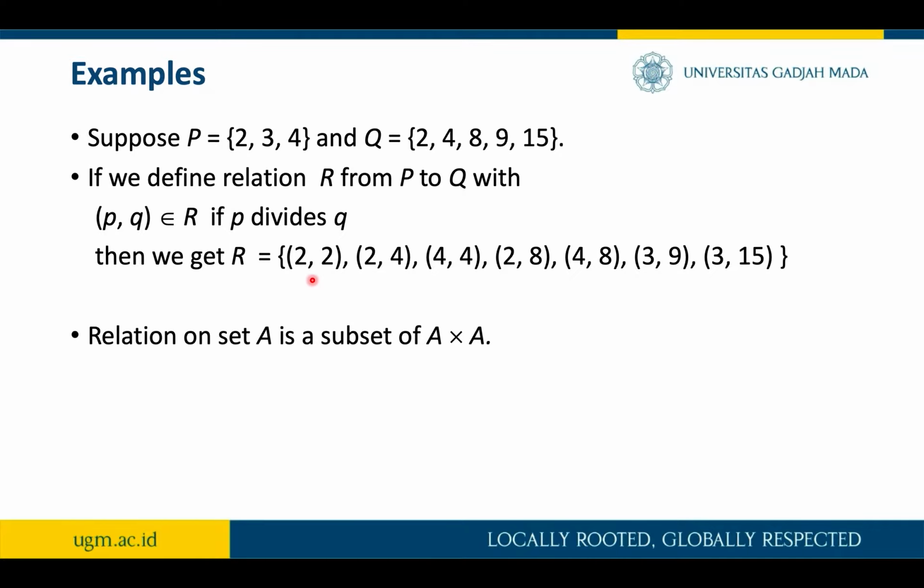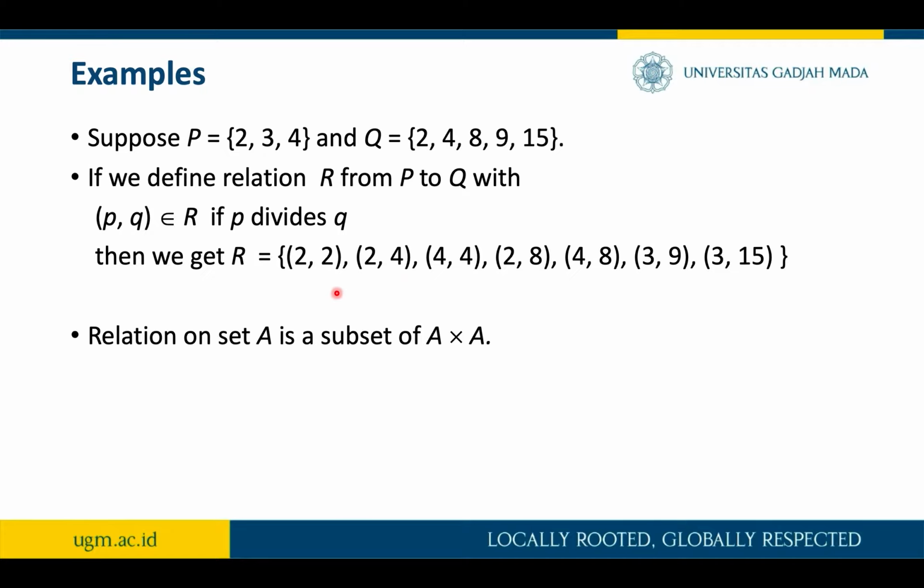R contains these members. 2, 2, because 2 divides 2. Then 2, 4. 2, 8. Yeah? And then 3, 9. And then 3, 15. And then 4, 4. 4, 8. Yeah?